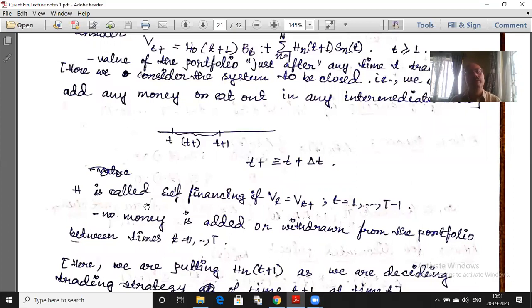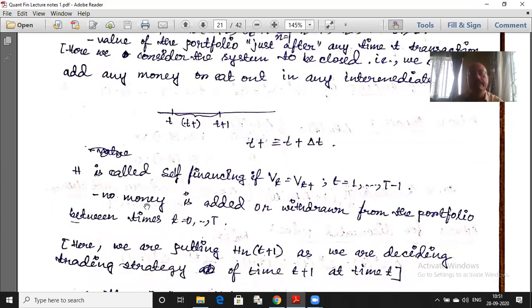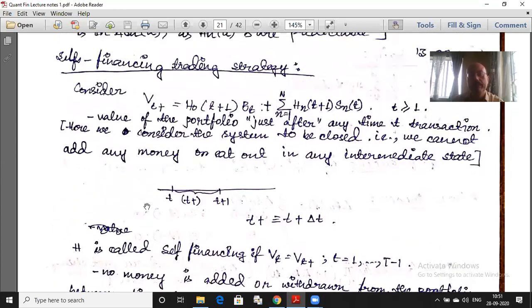In other words, I am not allowing any changes, so no addition or no withdrawal from the portfolio in the overnight situations. So this is what I mean by self-financing. Again, is this clear? Because this is very important in trying to understand how we should time our strategy decisions.